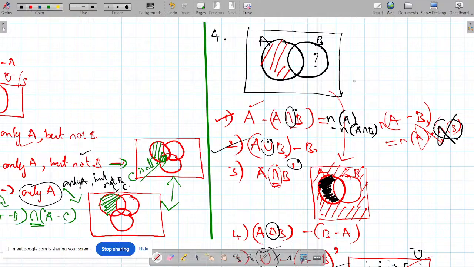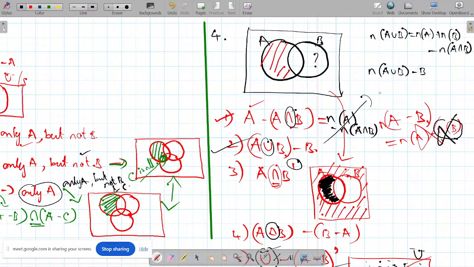What happens in the second case? Let me take this space. You know the addition theorem? n of A union B is equal to n of A plus n of B minus n of A intersection B. Now consider n of (A union B) minus n of B. You take the whole of B. What is n of A union B?